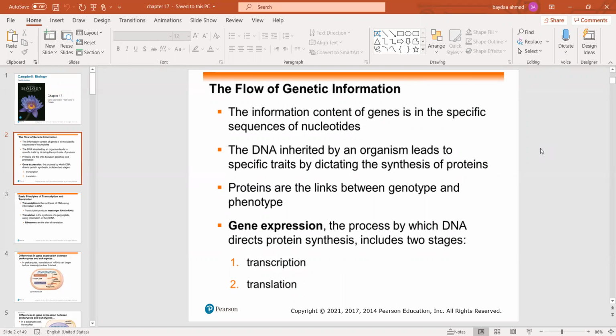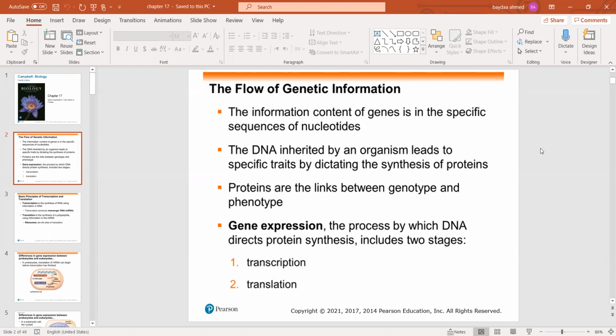In the case of coat and skin color, the gene containing the information to synthesize an enzyme that makes pigment allows normal coloring, and a faulty version of that gene leads to a lack of color, or the albino phenotype. Proteins are the link between genotype and phenotype.